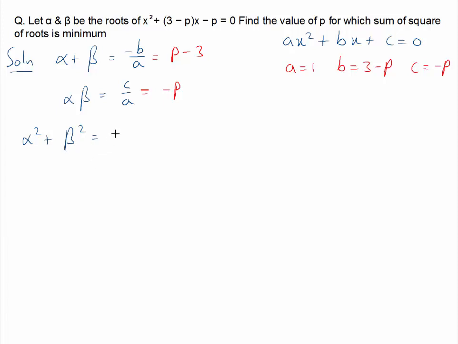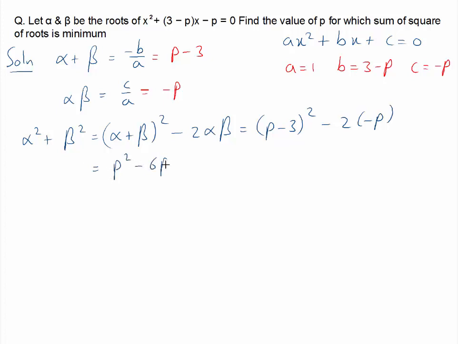We can write this as alpha plus beta whole square minus 2 alpha beta. That equals p minus 3 the whole square minus 2 times the product of roots, that's minus p. So it would come out to be p square minus 6p plus 9, and this would become plus 2p. So this would be p square minus 4p plus 9.